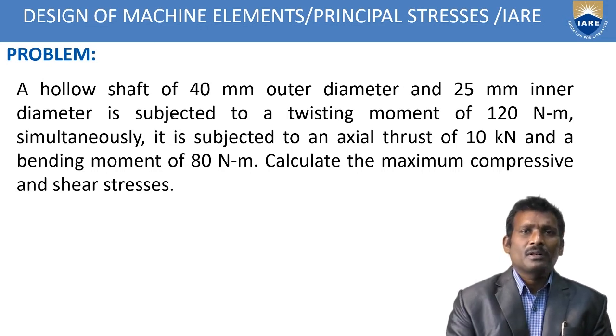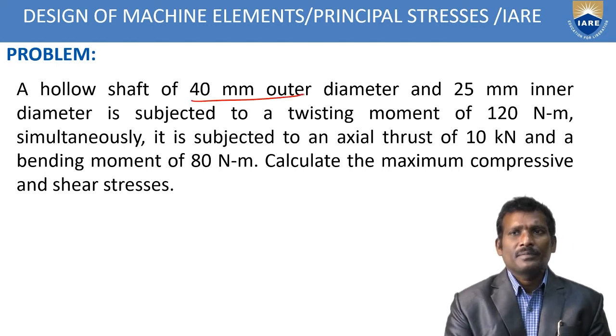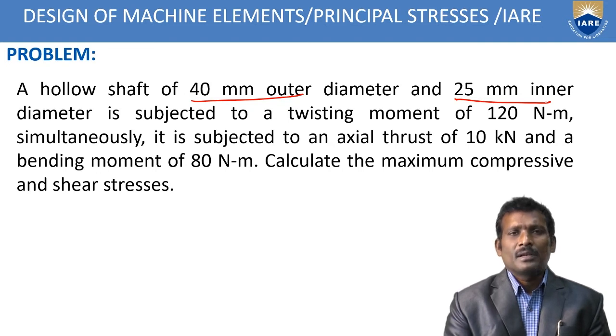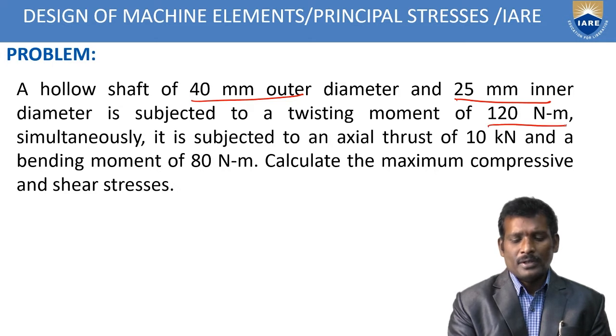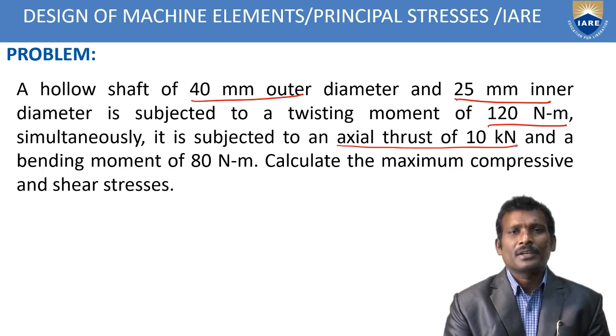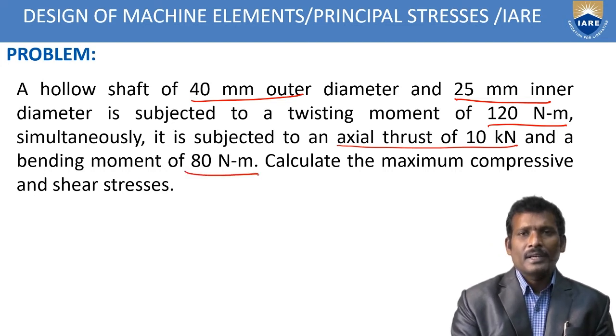A hollow shaft of 40 mm outer diameter and 25 mm inner diameter is subjected to a twisting moment of 120 Newton meter. Simultaneously, it is subjected to axial thrust of 10 kilonewtons and a bending moment of 80 Newton meter.